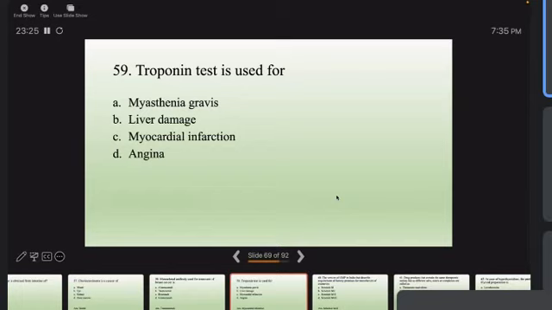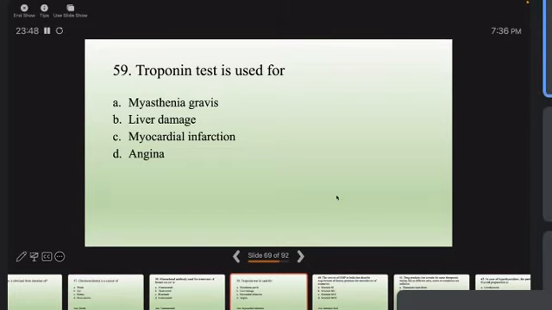Let's go for two options only. It's not myasthenia gravis, a condition where your jaws and muscles are affected. There are different molecular tests done for myasthenia gravis. For liver damage, again we have bilirubin levels and such to test. So we rule those out.